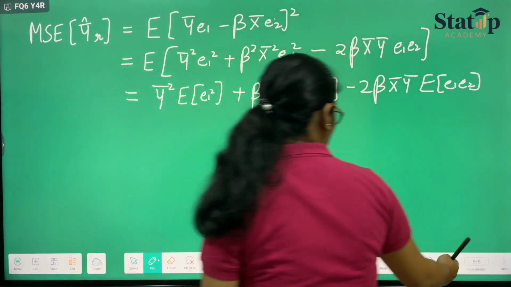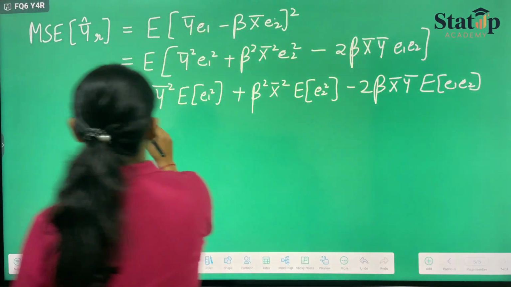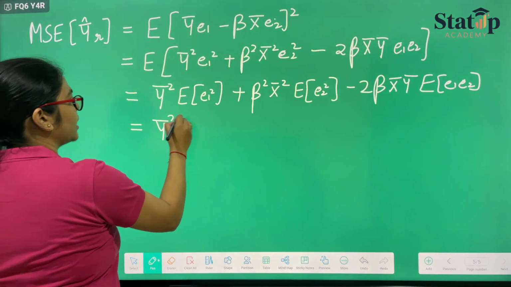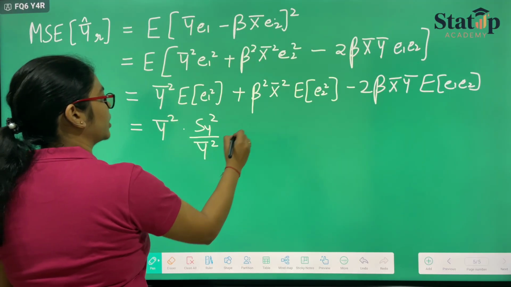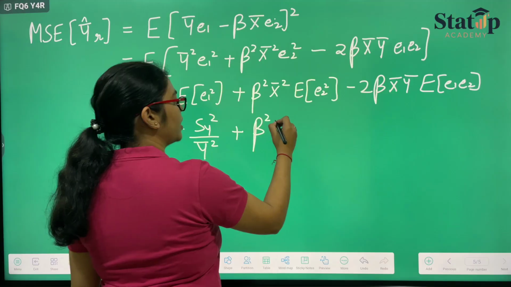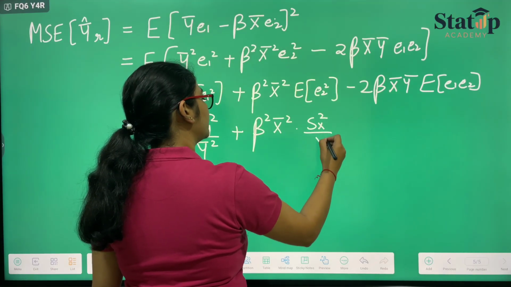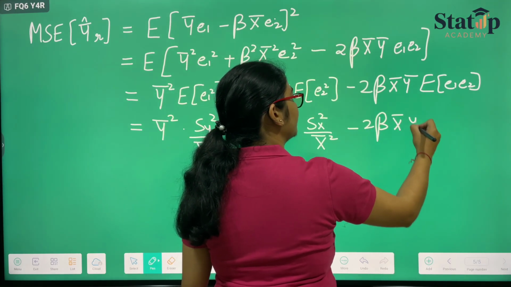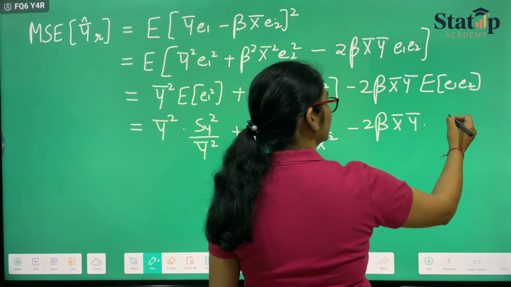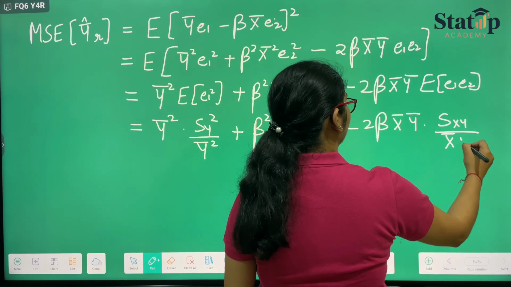Now the expectations we have calculated on the previous page, which are E1 square, E2 square and E1 E2. We'll put the values directly here. So Y bar square times Sy square upon Y bar square, plus beta square X bar square times Sx square upon X bar square, minus 2 beta X bar Y bar times Sxy upon X bar Y bar.